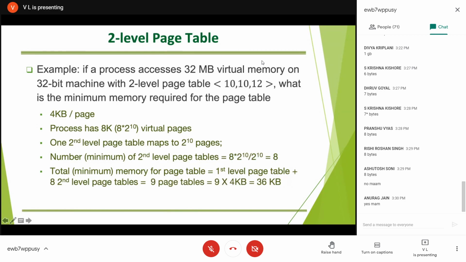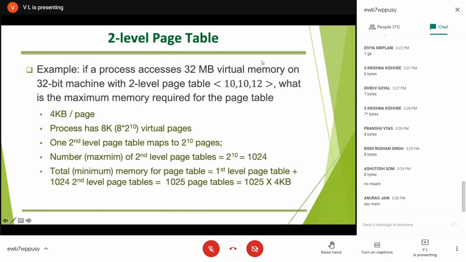But actually, in reality, we'll be having only 8K virtual pages. So the number of second level page tables would be equal to 8. And each page table is going to require a space of 1 page. So the number of pages that we need to allocate for the page table will be 9. That will be 36 kilobytes. But if the process is of the maximum possible size, then all pages will be required. In that case, the size would be 1025 times 4 kilobytes.